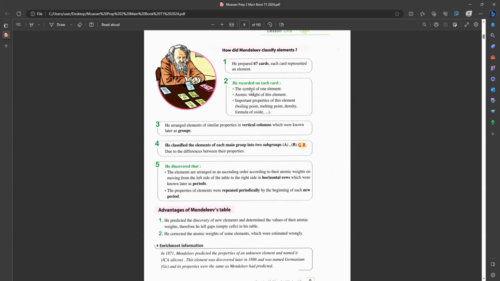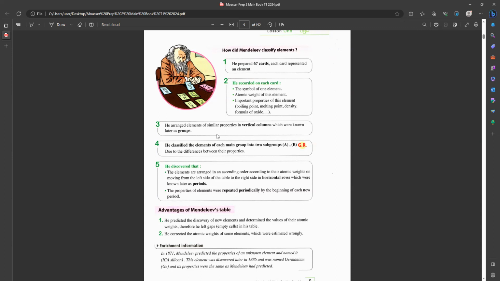So beside the element are its symbol, atomic weight, the sum of protons and neutrons, and its chemical or physical properties. Each element, beside its label telling us what the element is, has a name, symbol, atomic weight, and physical or chemical properties: what is the melting or boiling point, density, color, how it reacts with oxygen.